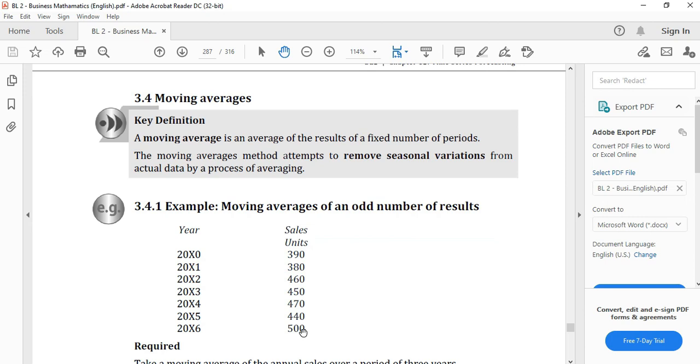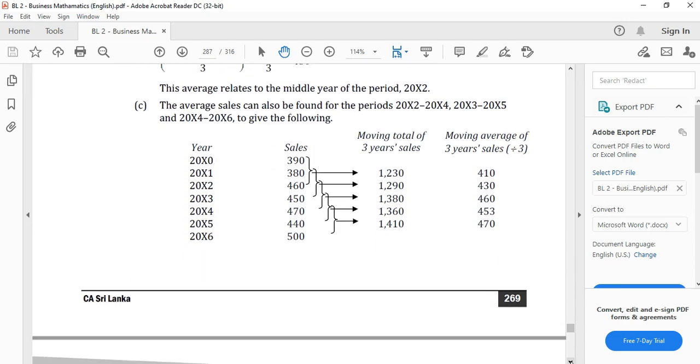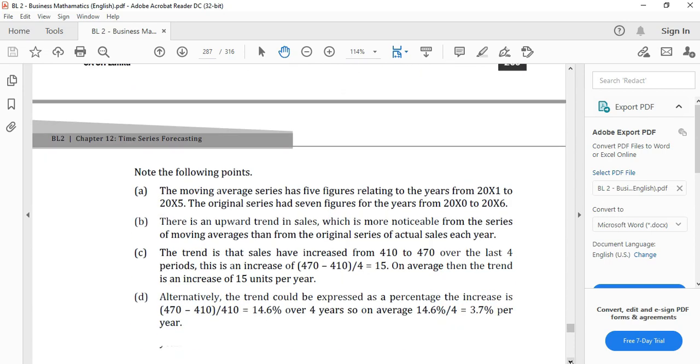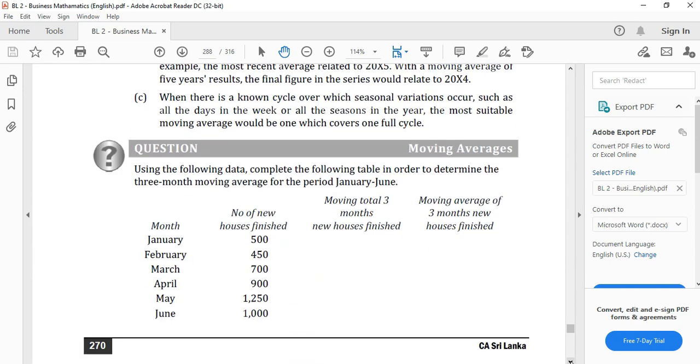I hope you know what even numbers and odd numbers are. Moving averages for an odd number of items are calculated in one way, whereas for an even number of items, it's calculated in a different way. Let's see how it is. Let's try a particular question.